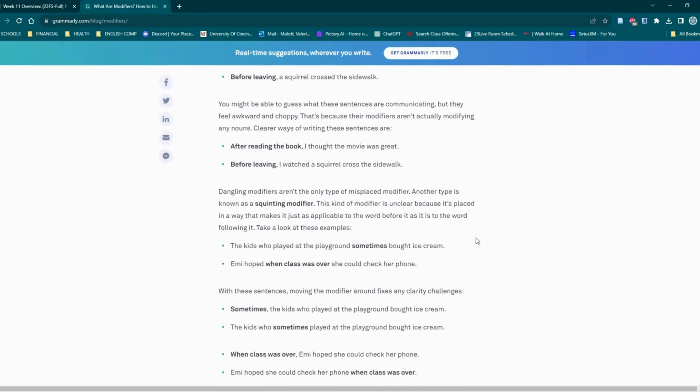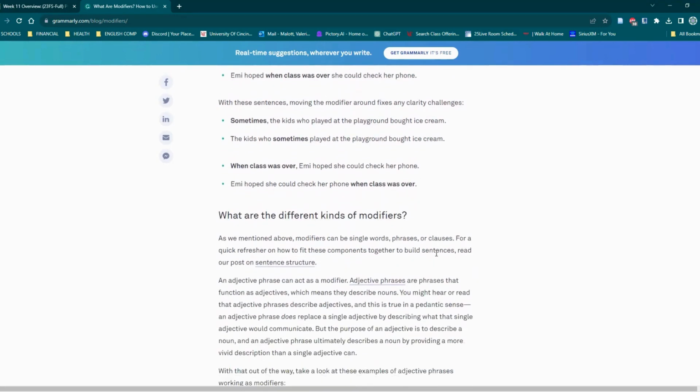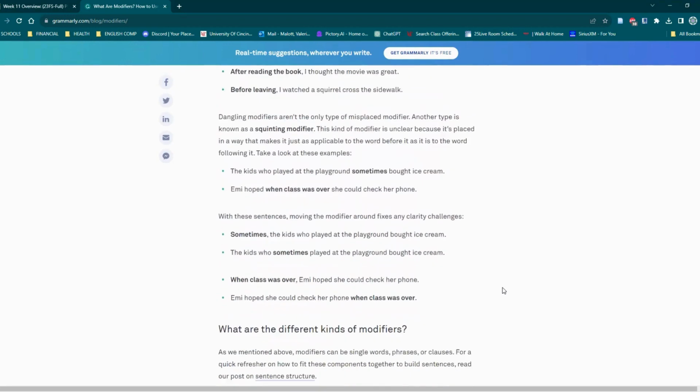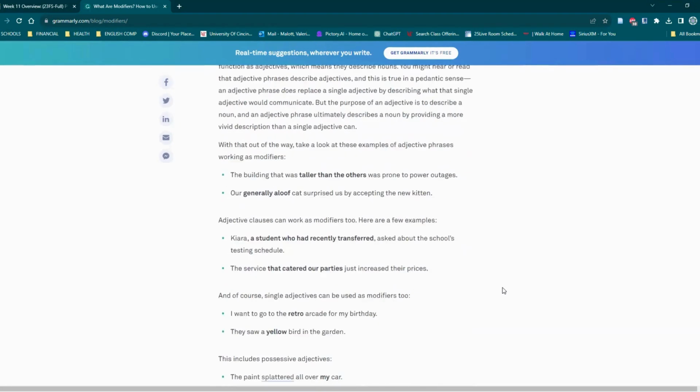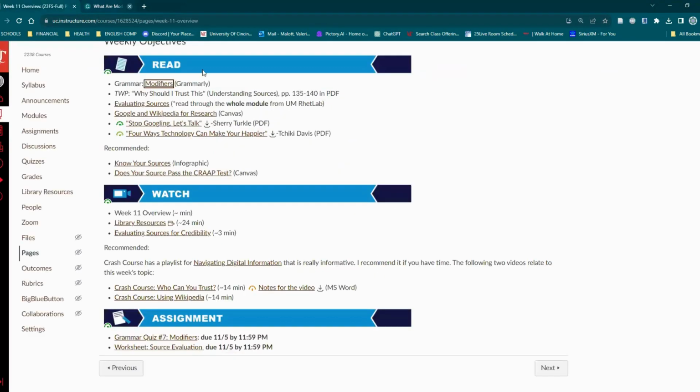The squinting modifier means that the modifier is unclear because it's placed in a way that makes it just as applicable to the word before it as it is to the word following it. Again, you can read through the examples so you understand those different types of modifiers, misplaced modifiers, and how modifiers work within sentences. So please make sure you take a look at that before you attempt grammar quiz number 7.